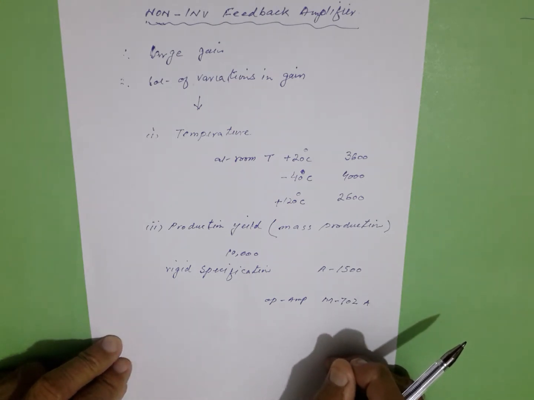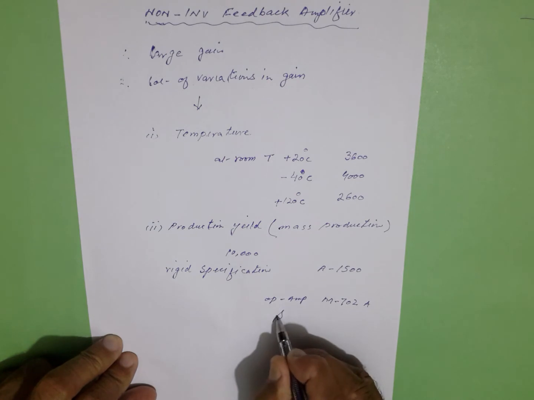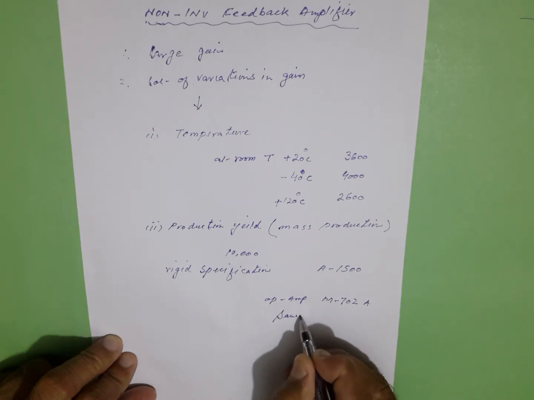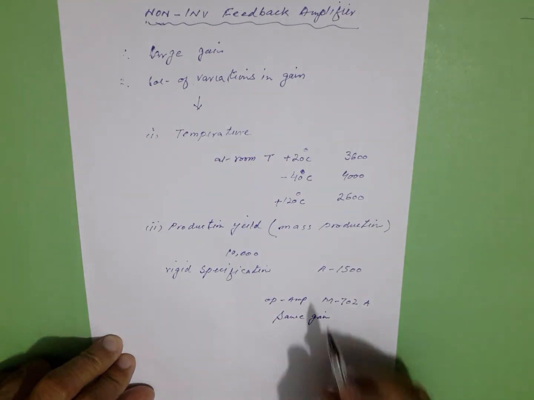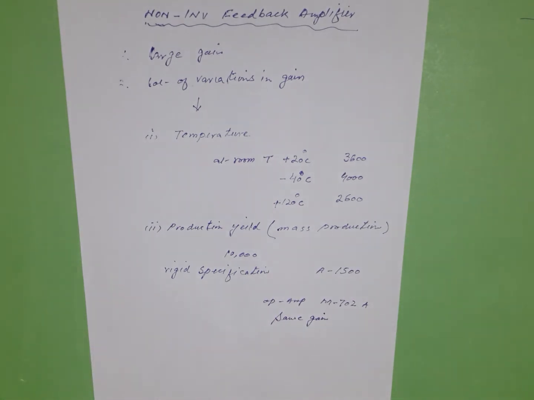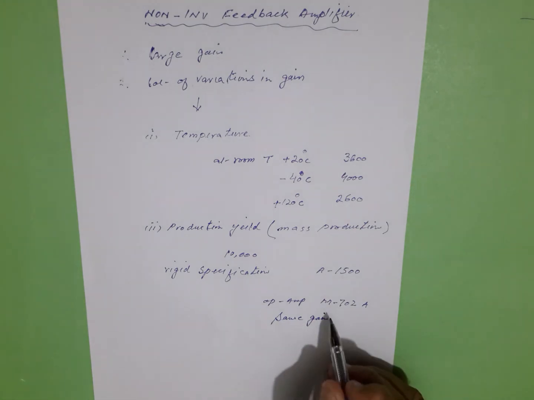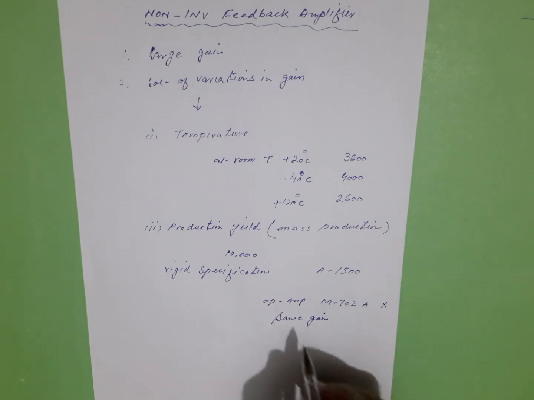Therefore, we'll find an operational amplifier of the same gain, which must have the same gain and not the same type. We must not look for an amplifier which is the same type. We must look for an amplifier which has the same gain.